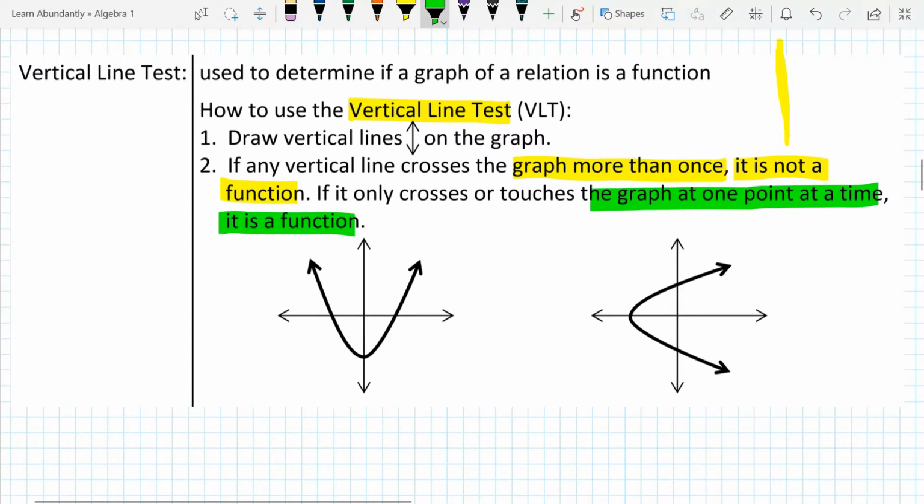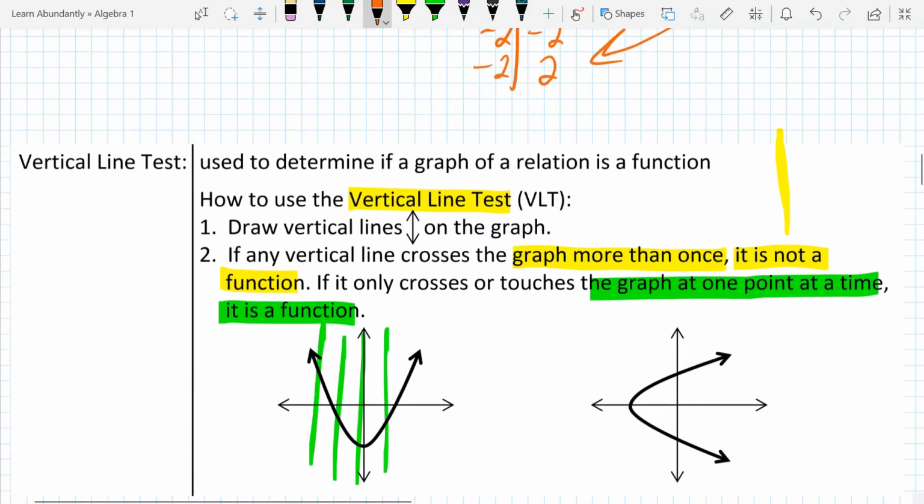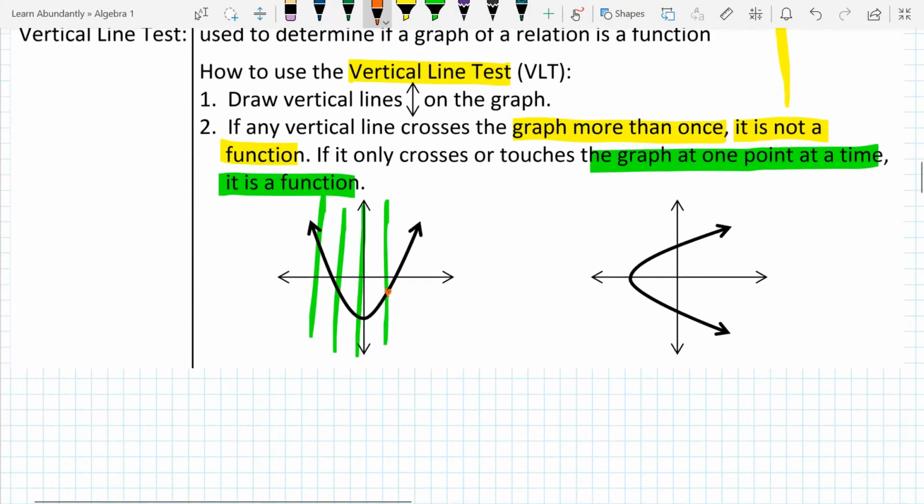So if we look at this example here, nowhere can I draw a vertical line going straight up and down and touch the graph more than once. I'm only ever hitting the graph once. And so I hit the graph right there. When I do it there, I do there, I do there, but only one at a time.